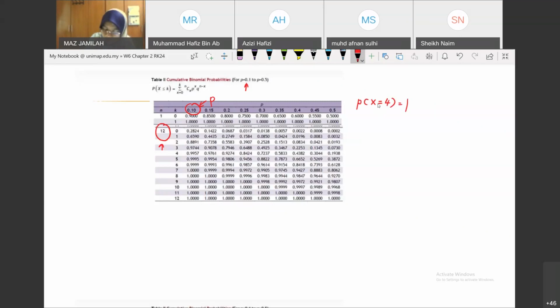So this will be P(X ≤ 4) minus P(X ≤ 3). Okay. In the example, the Excel is used. You can try on your own. So let's look if you are using the table.